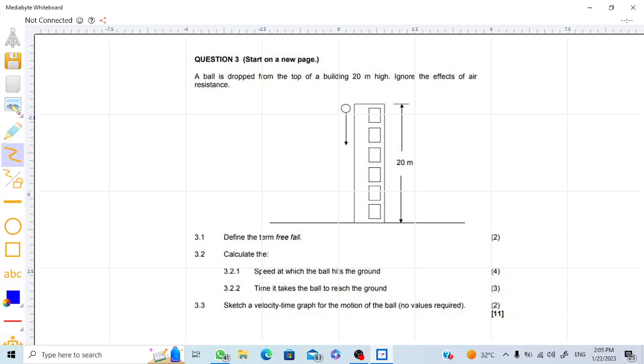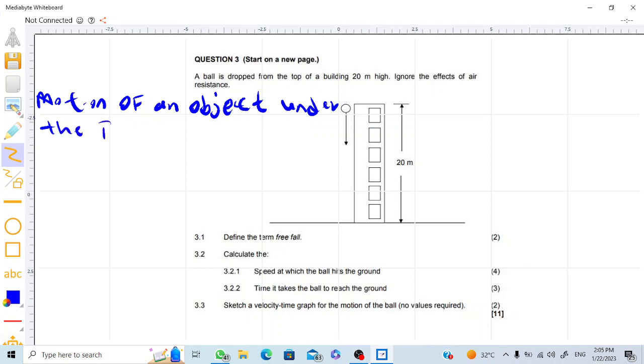So free fall, we are talking about motion of an object under the influence of gravity alone, or you can say force of gravity alone.